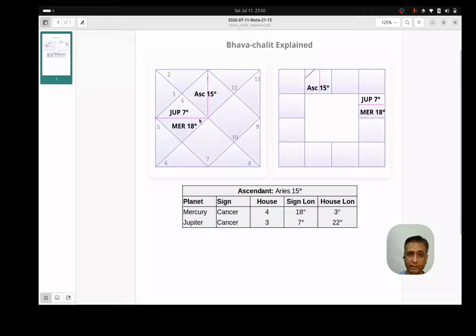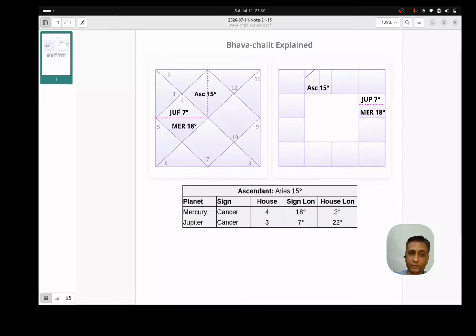Only after 15 degrees onwards, you have the fourth house. So in the same sign, there are two different houses, the bhavas. If you are using Bhav Chalit chart, to be honest, Bhav Chalit is not a chart. It's only a tool to see which house a particular planet has gone.